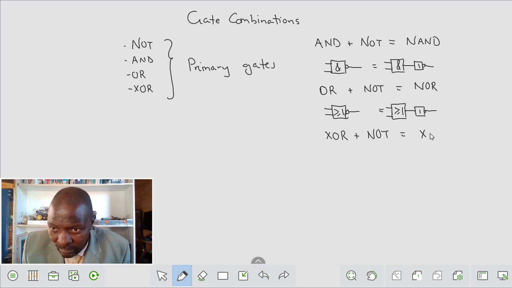If you put it in symbols, the exclusive NOR can be seen as a combination of the exclusive OR with the NOT gate, with the inverter.